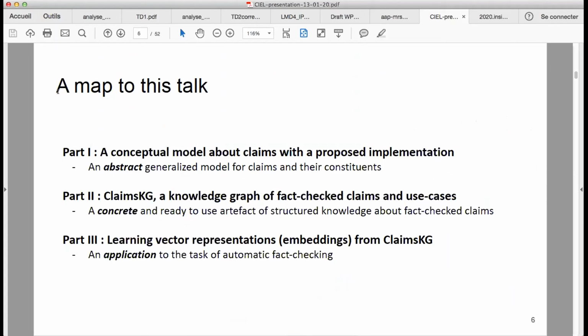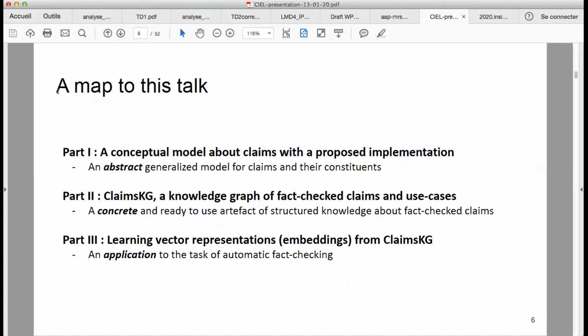So in this talk, I will first start by introducing our idea of how to conceptualize, ontologically speaking, knowledge about claims as we understand them here, being different as compared to facts. Then I will talk about ClaimsKG.